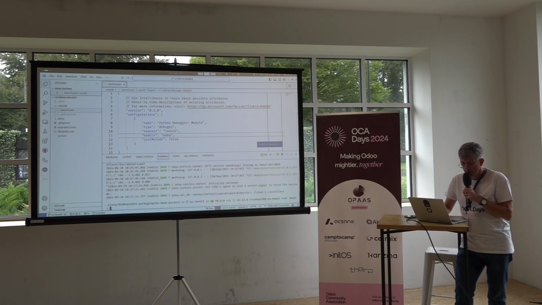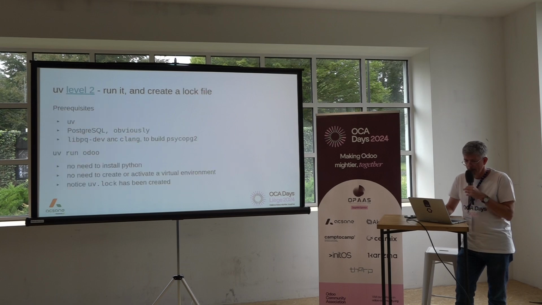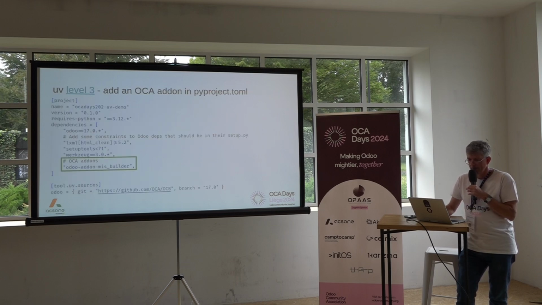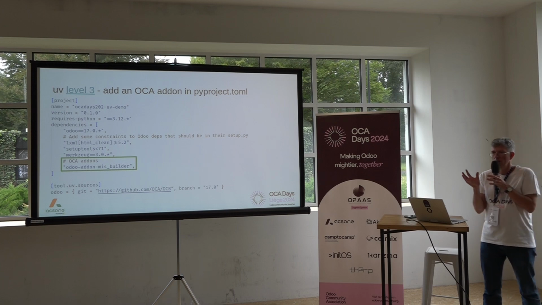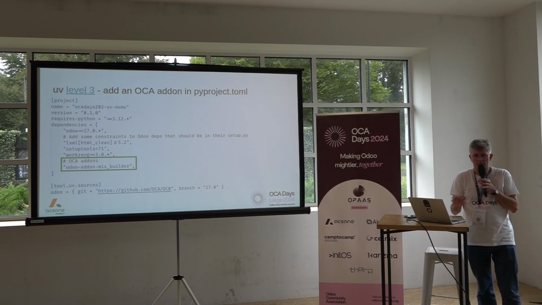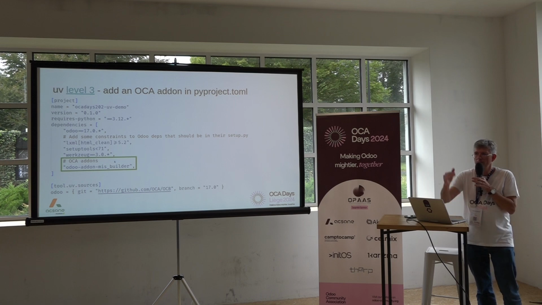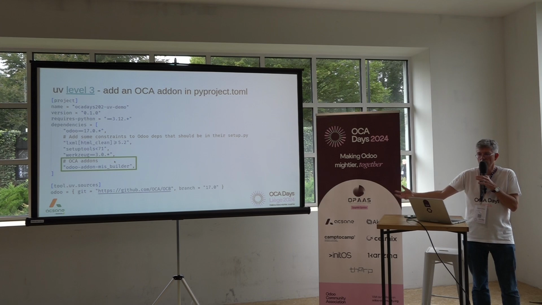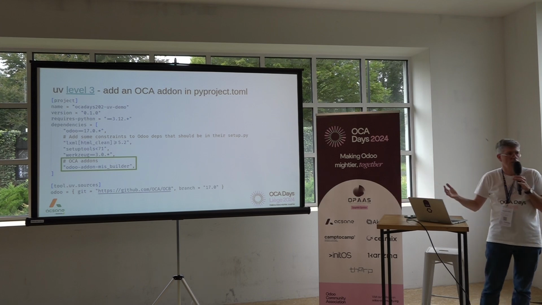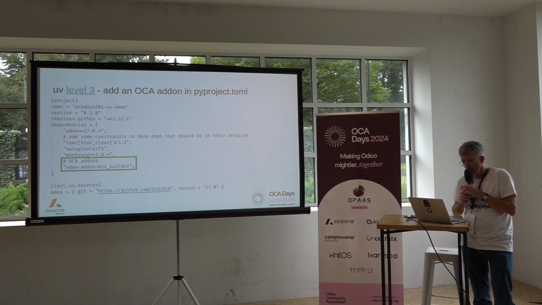And so the next step I want to show is, because here we still have the little inconvenience that the dependencies, you manage them manually. So you add them to the dependencies, and you need to keep them in sync with your custom code, with the depends in your manifest.